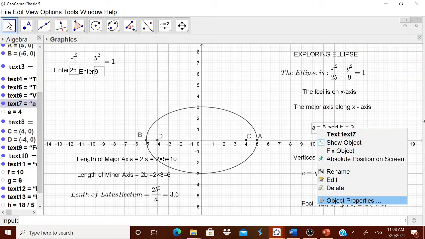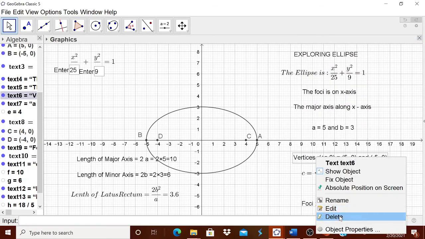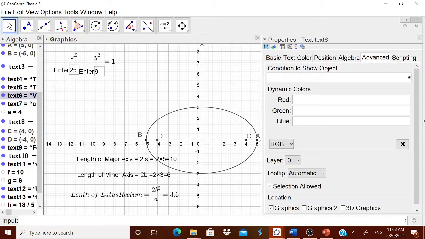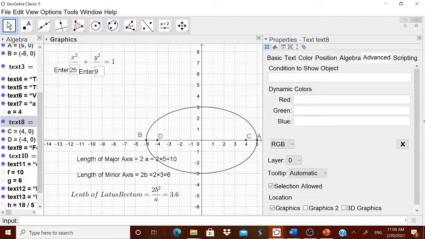Then a is equal to 5, b is equal to this also the condition. Enter. Again this vertices also I want this condition to be applied. Enter. For this c also formula, again the same condition. Enter.